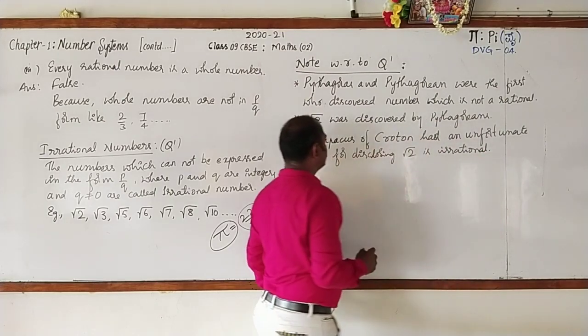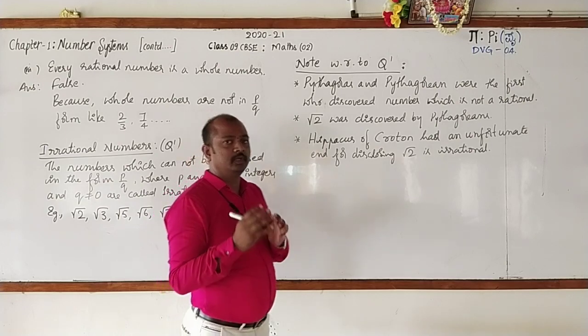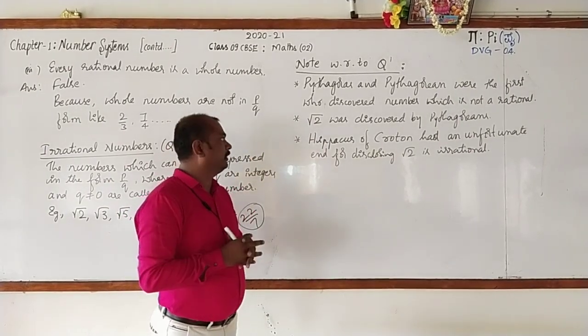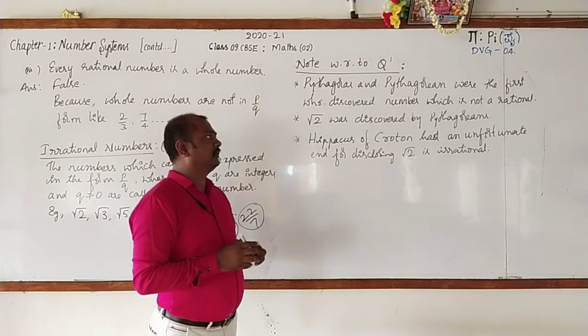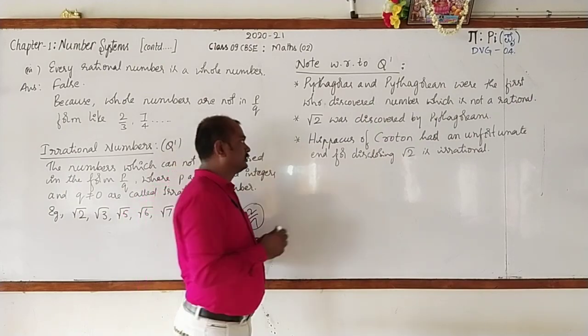So this information, that root 2 is an irrational number, was disclosed by Hipparchus to the people. So that is why he had an unfortunate end. That information was given in the myth.